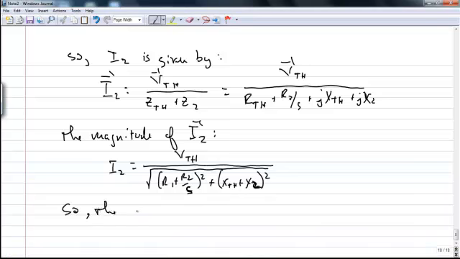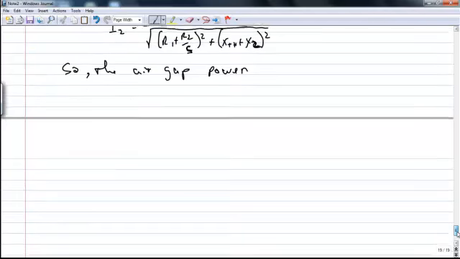So the air gap power is given by the following expression.